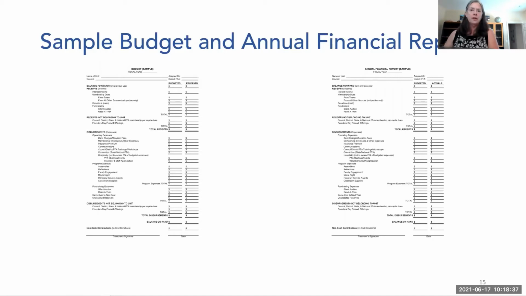But for an annual fee of about $100, could be more depending on how much your PTA grosses, you can use the financial side of it, which allows you to enter in all of your transactions, and then it will create reports that do look like our samples. So that is one of the benefits of using EZ. You can click a button, it will create these reports for you.